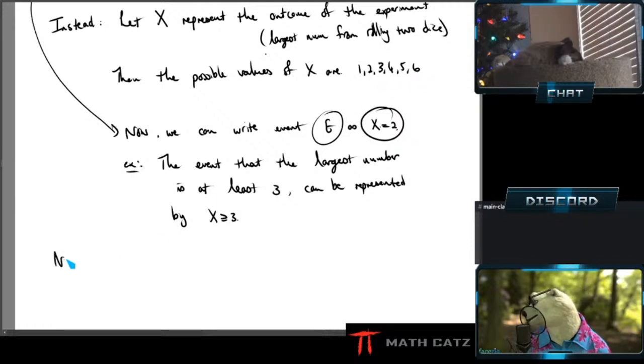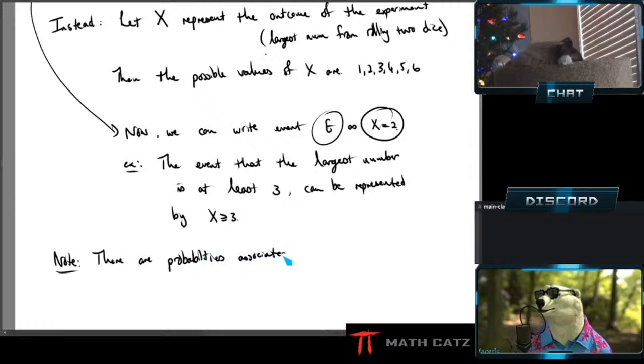And there are of course probabilities associated with each value that x could have, because those values represent all the outcomes.